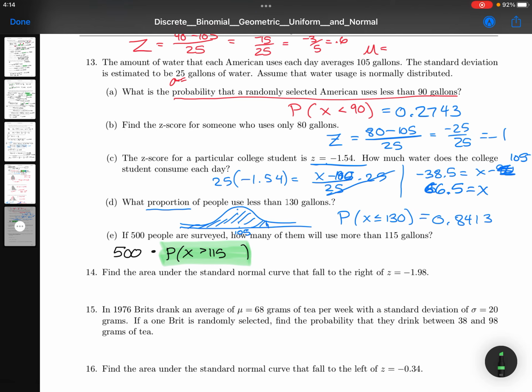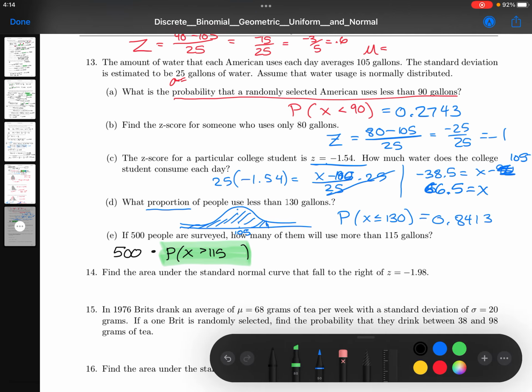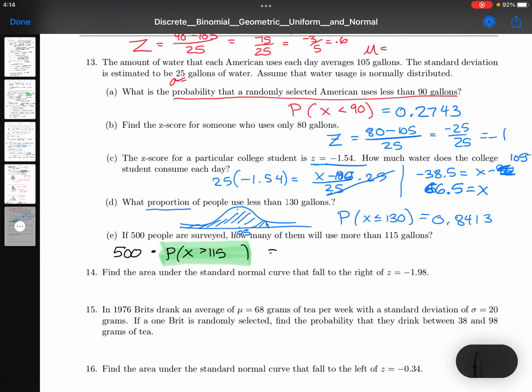So we say 500 times, we find that proportion. The lower limit's 115, the upper limit is positive infinity. We get, now remember, this is people, so even though my calculator tells me 172.289, well, that means I either have 172 or 173 people. Now this is just a model, so both of those are going to be fine.